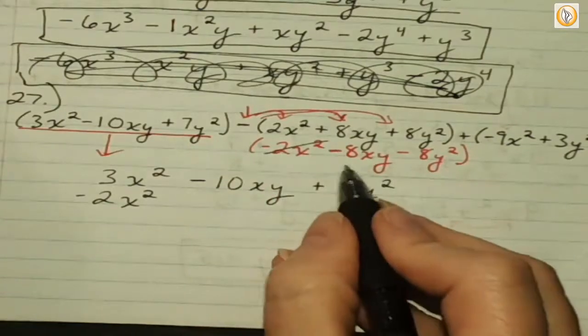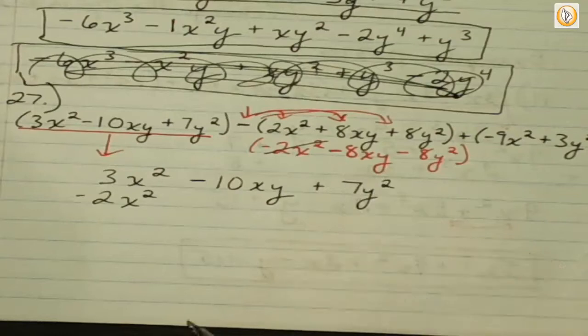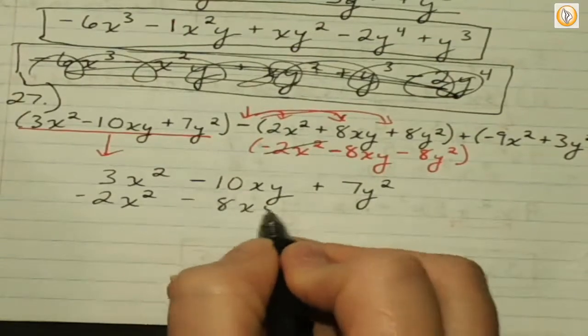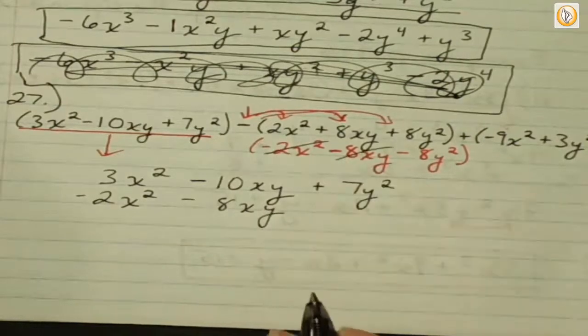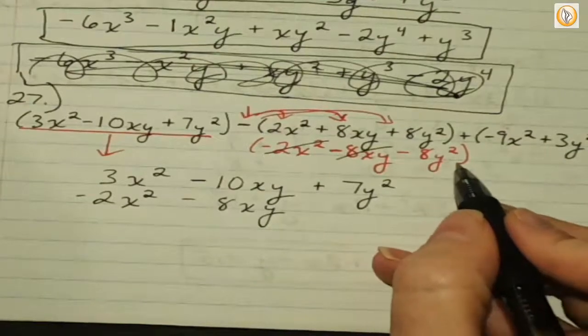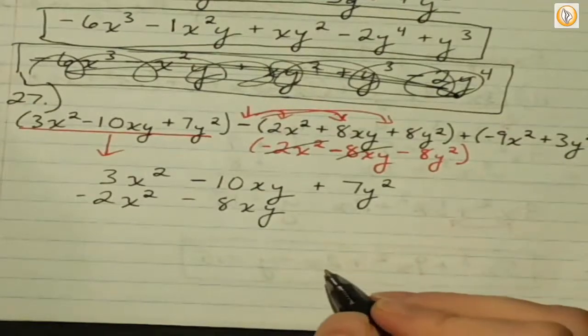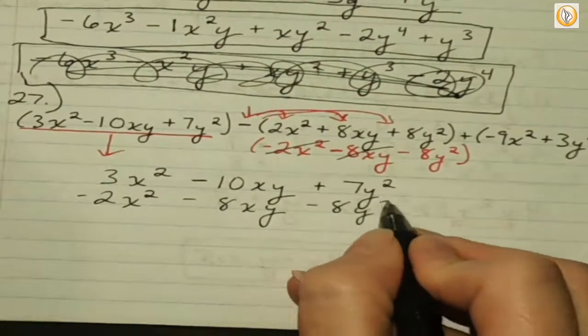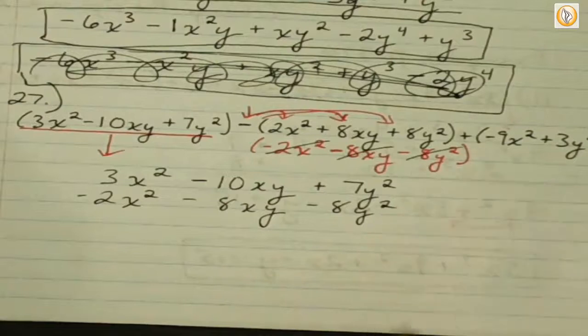Where does the negative 8xy go? And I'm crossing it out. Bless you. Thank you. Where does the negative 8y squared go? Crossing it out.